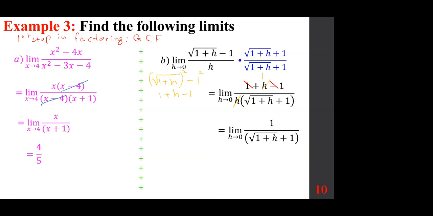If you plug in 0 instead of h, it gives you square root of 1, which is 1, plus 1 is 2. So 1/2 is your final answer, everybody. 1/2 is your final answer. Okay.